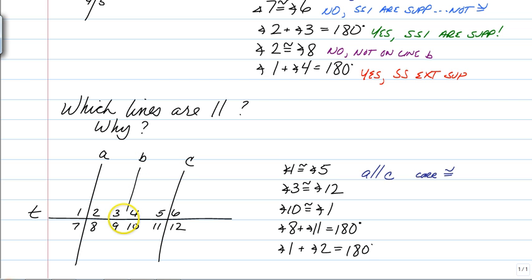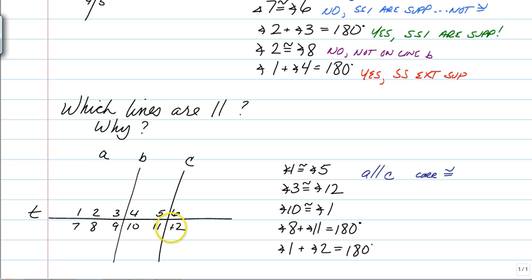Okay? Now you can go ahead and put your B back in. You didn't need to erase it because you're going to have to just learn how to ignore certain lines. Okay? We'll do one more together. 3 and 12. So we have angle 3 and angle 12. So you can ignore line A this time. So 3 is on the top left. 12 is on the bottom right.